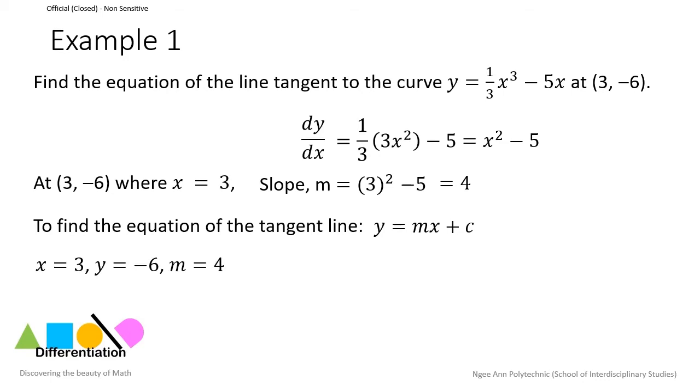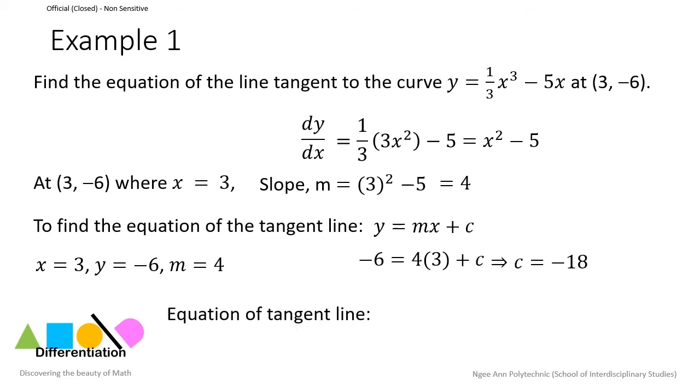So right now we have the following information. We know the x and y coordinate as well as the slope at that specific point. So then we can use it to find the y-intercept of the straight line, given by c equals -18, and thus we answer the question with the equation of a tangent line given by y equals 4x minus 18.